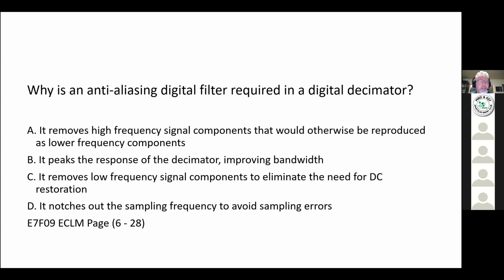B, it peaks the response of the decimator, improving bandwidth. C, it removes low frequency signal components to eliminate the need for DC restoration. Or D, it notches out sampling frequency to avoid sampling errors. Alpha is correct.